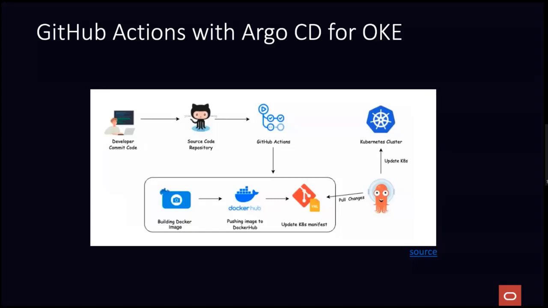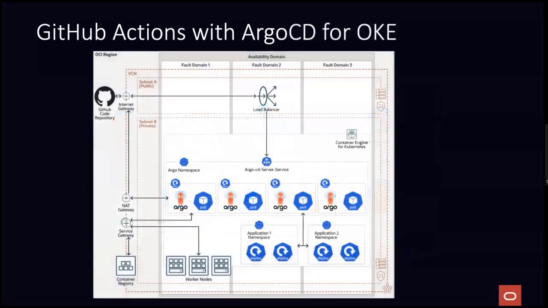The GitHub Action mainly builds my image and pushes it to OCIR. After that, once I update the manifest file for my demo, increasing the replica set, it will automatically pull the changes into the Kubernetes cluster. So that's the demo I'm going to give.